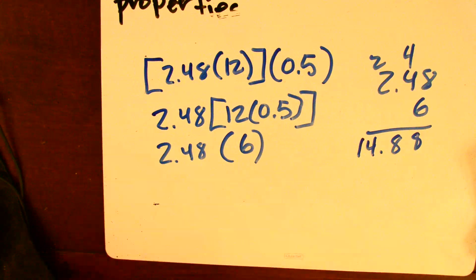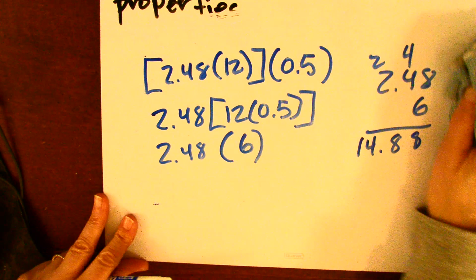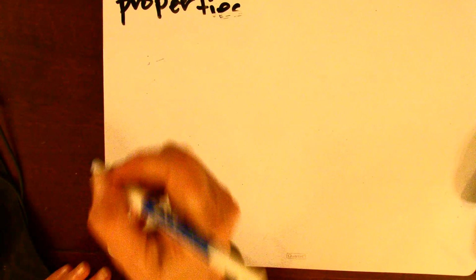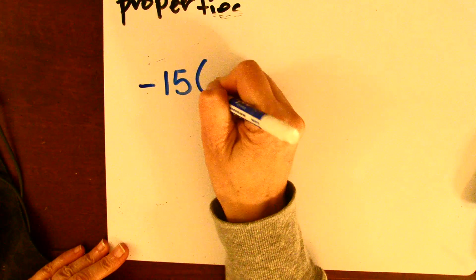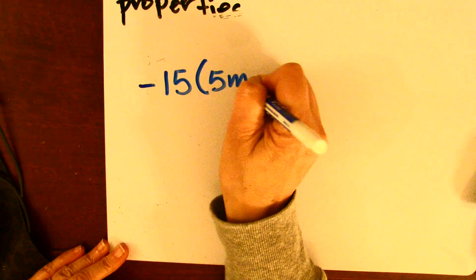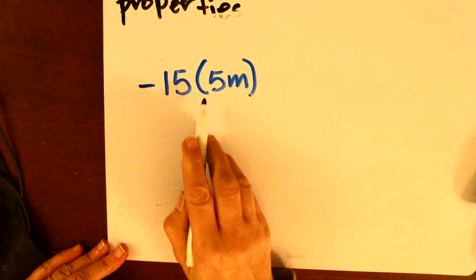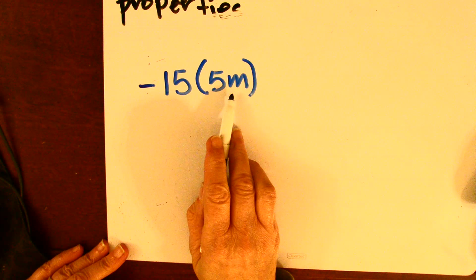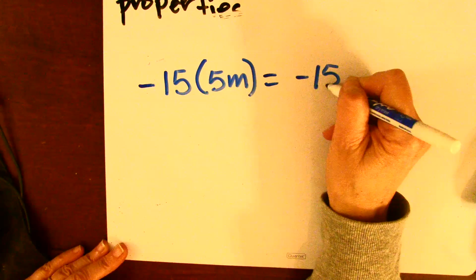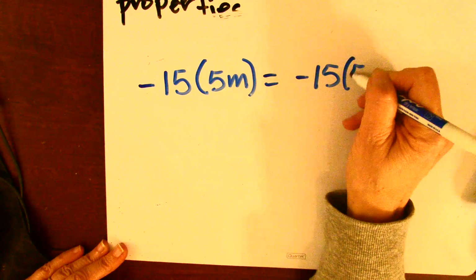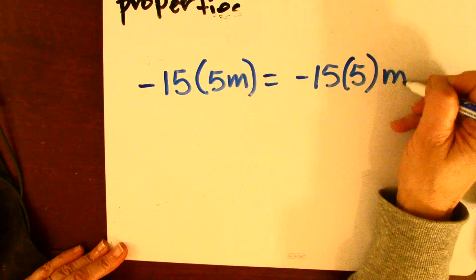Okay, the last problem that we're going to look at, say we have a negative 15 times 5m. Because we don't know the value of m, I'm going to apply associative property and instead multiply the negative 15 to the 5 and then multiply the m.